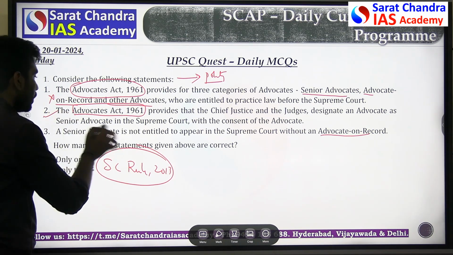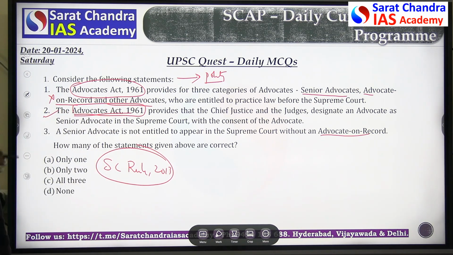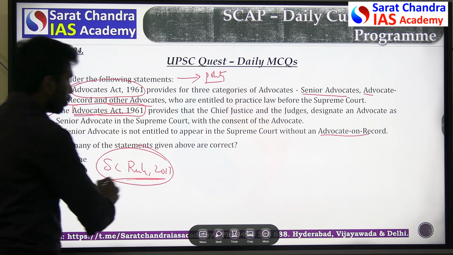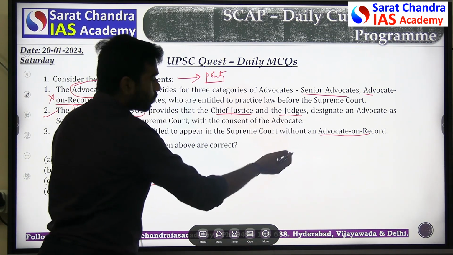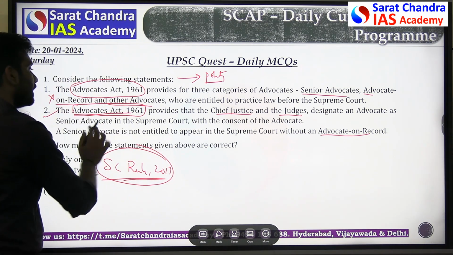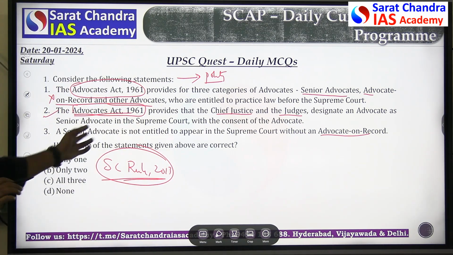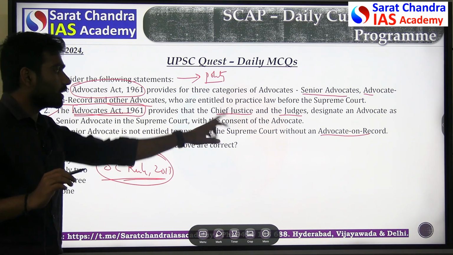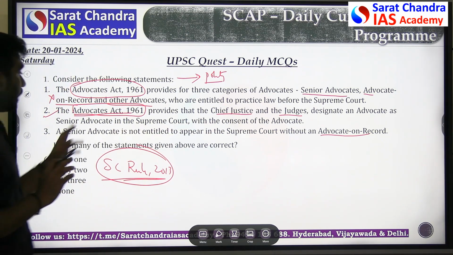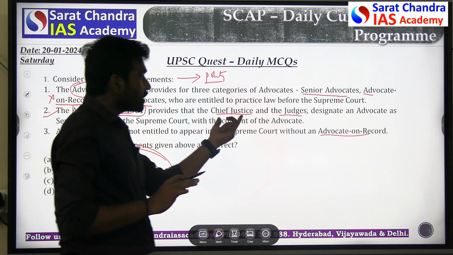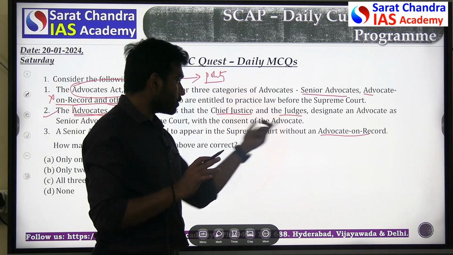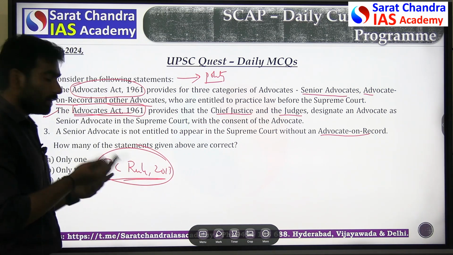This is true. According to the Supreme Court Rules also, the Chief Justice and judges of the Supreme Court can designate an advocate with the consent of the advocate. This is right. With respect to this Act, the Chief Justice and judges of the High Court can also designate.